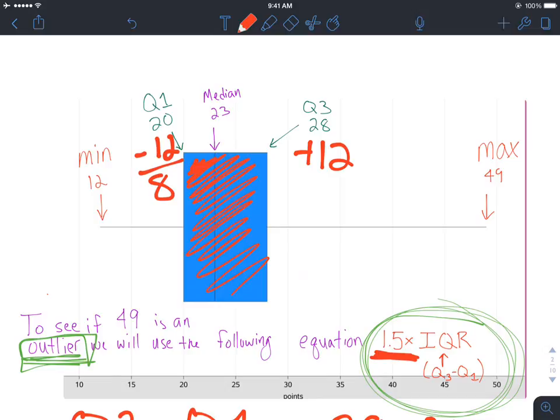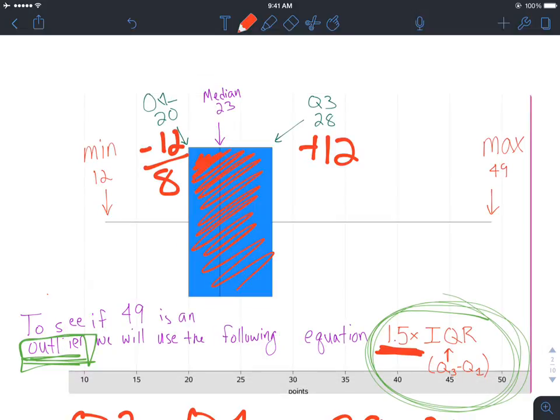That means my minimum value should be around 8. And notice that my minimum is actually 12, so that's good. Anything outside this value of 8, so anything to the left of this 8, would be considered an outlier.